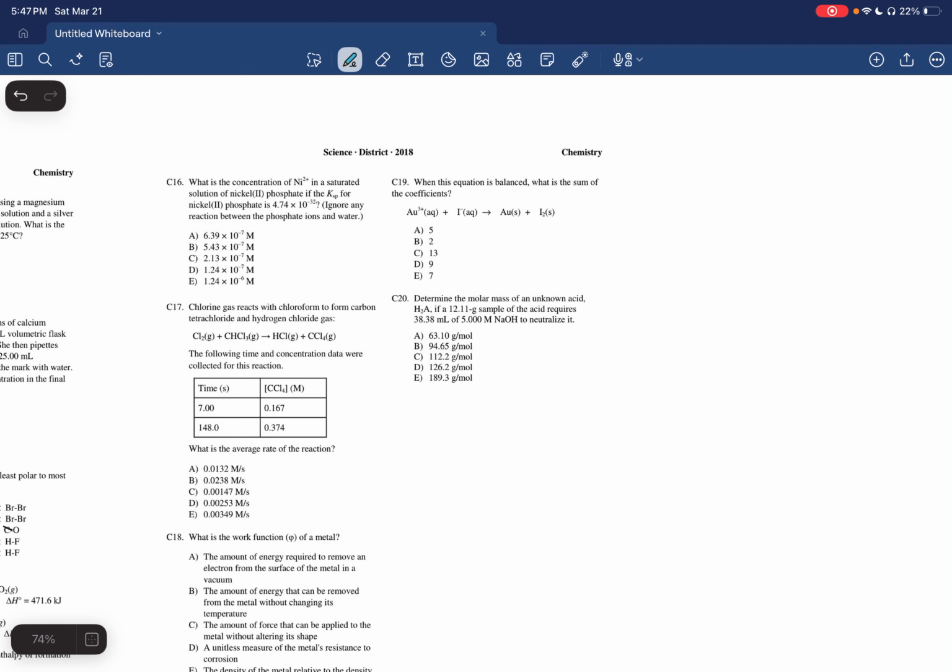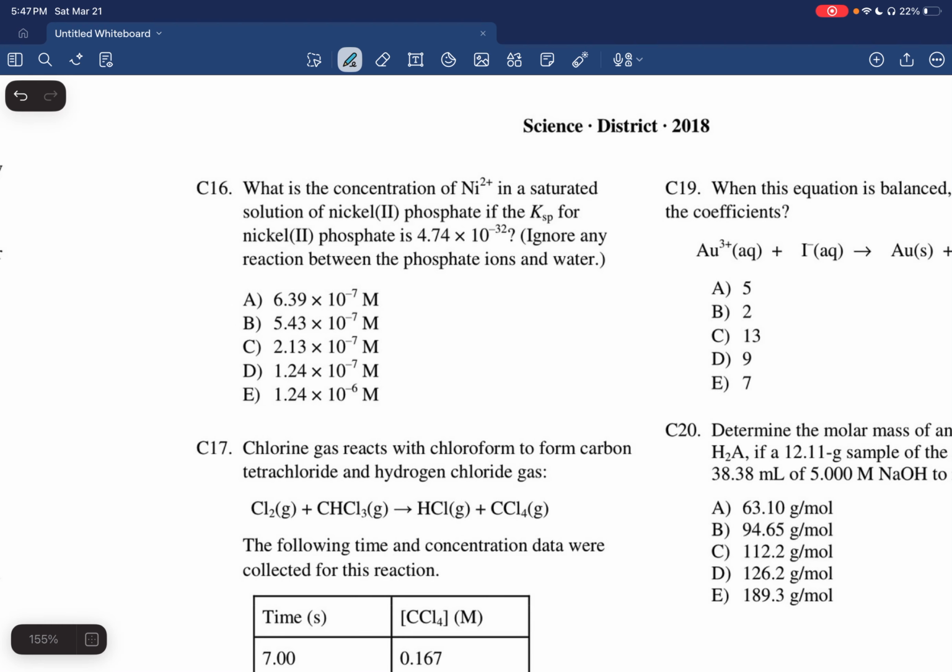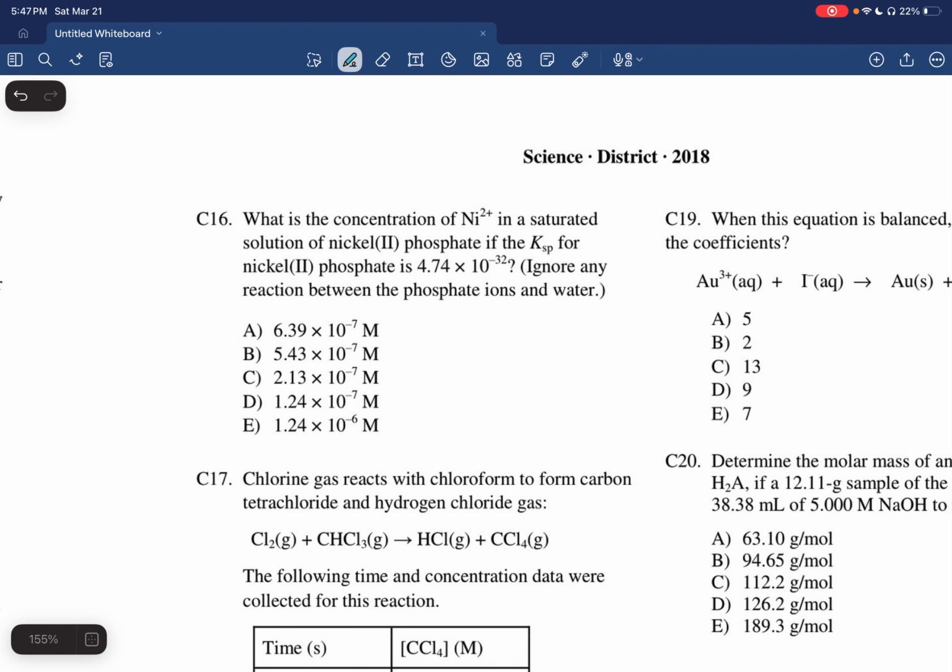But question 16 is asking, what is the concentration of nickel 2 plus in a saturated solution of nickel 2 phosphate if the Ksp for nickel 2 phosphate is given? And so what we need to do here is write the dissociation equation. So first we have phosphate with it, which is PO4 with a 3 minus charge.